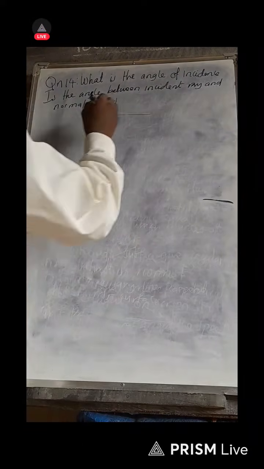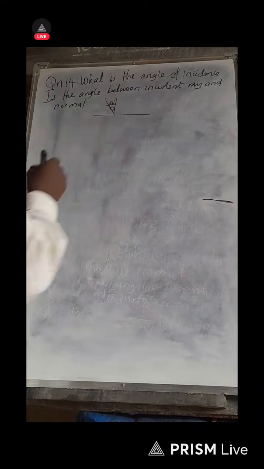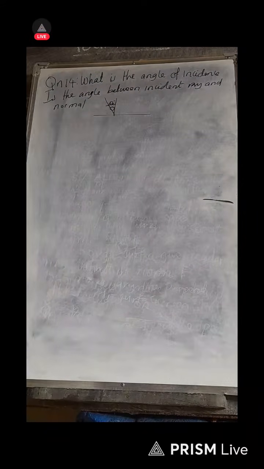It is the angle formed between the normal and the incident ray. That is the correct answer. Thanks for those who are more competent on this question number 14. Let's keep this momentum.